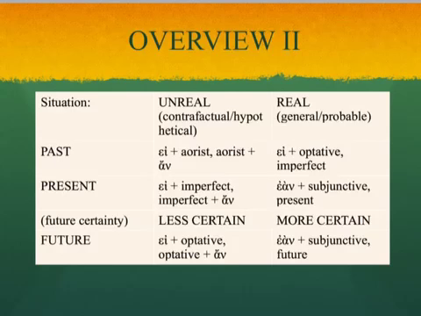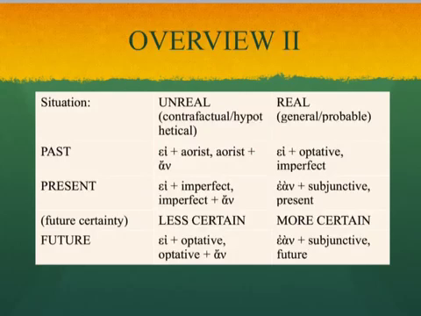So here's the overview, and this is slightly different from the way that these conditions are presented by Hansen and Quinn, but I think it allows you to see the patterns more easily if you think of them as either unreal or hypothetical. In the past, that's past contrafactual, ei plus aorist plus an. In the present contrafactual, ei plus imperfect plus an.